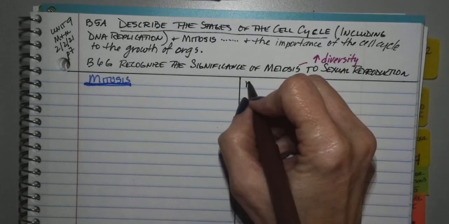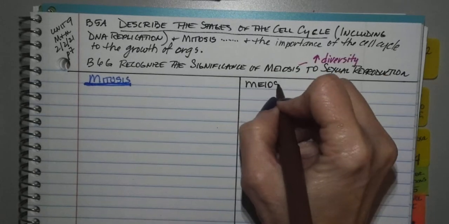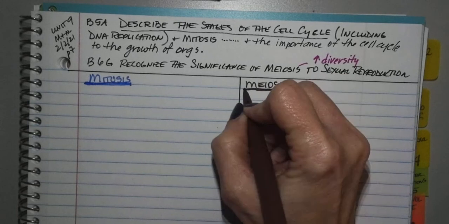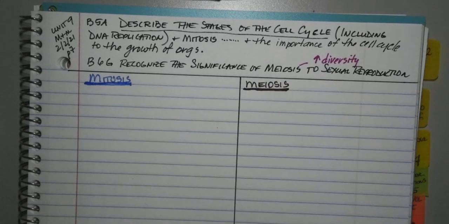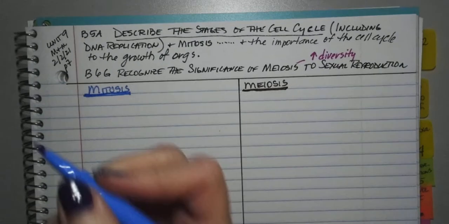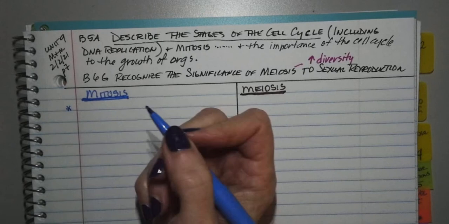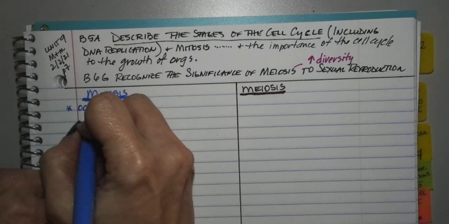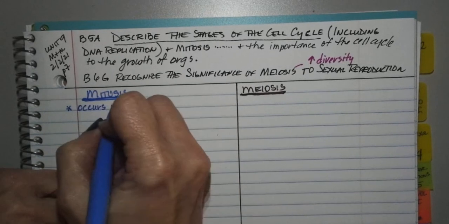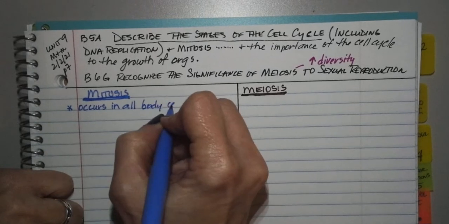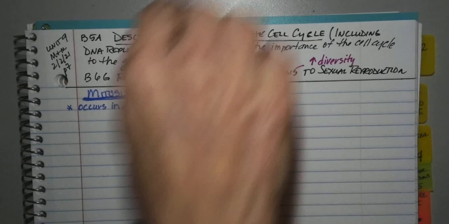Everything on this side of the page will be brown and have to do with meiosis. When I look at mitosis, the first thing I want to write down is that this occurs in all your body cells. In meiosis, it occurs only in the making of sex cells.